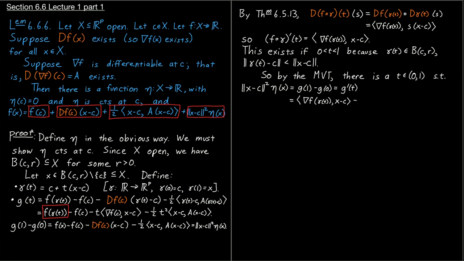We have a couple of pieces that are showing up from our explicit terms with t in them, a gradient of f of c with x minus c. And then we subtract off t times x minus c, A of x minus c.